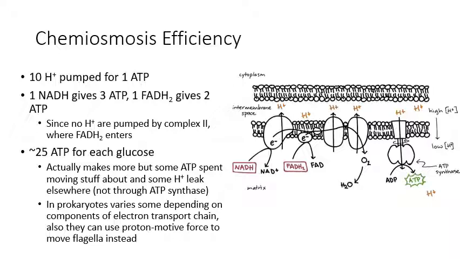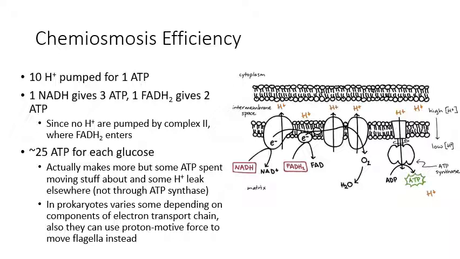Another reason is that bacteria and other prokaryotes are able to use the proton motive force for other things as well, not just for making ATP. So for instance, they can use it to rotate their flagella and help them move through a liquid. So that also is going to reduce the amount of ATP they make if they're choosing to use their proton motive force to do something else.